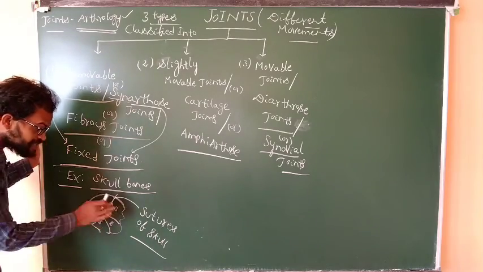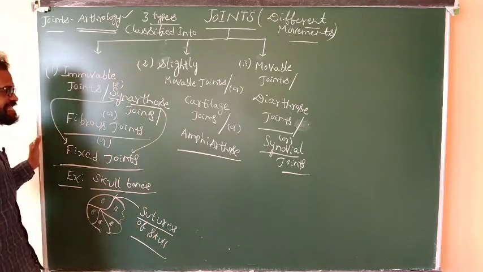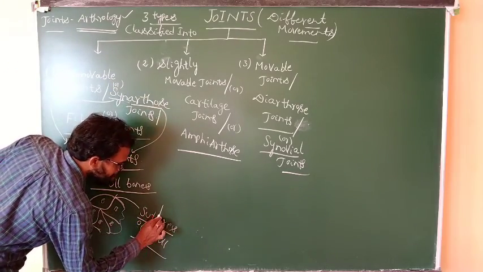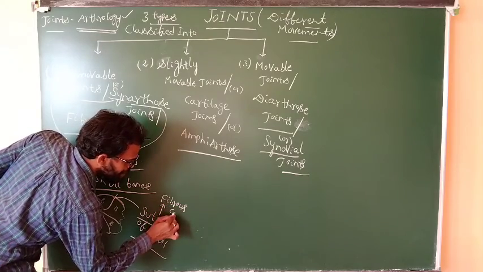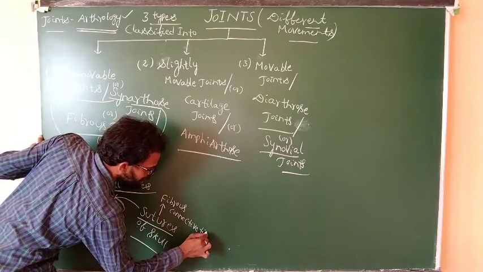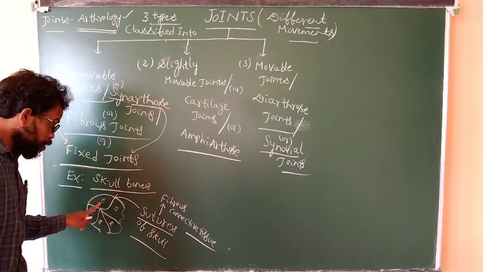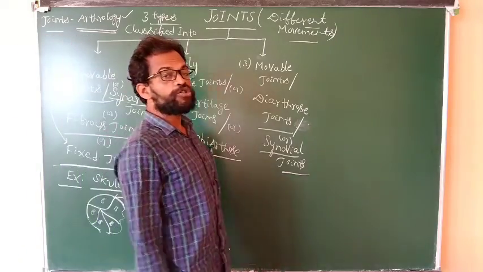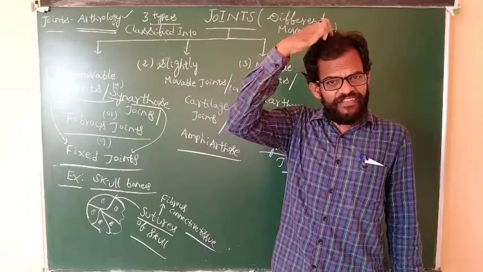One bone is joined with the other bone with the help of a suture. This suture is nothing but fibrous connective tissue. One bone is joined with the other bone with the help of a fibrous joint. There it is a fixed joint.